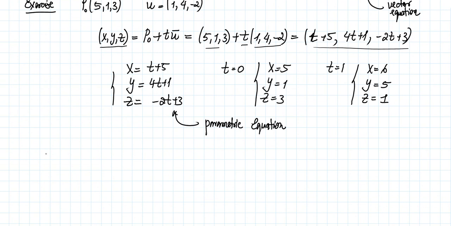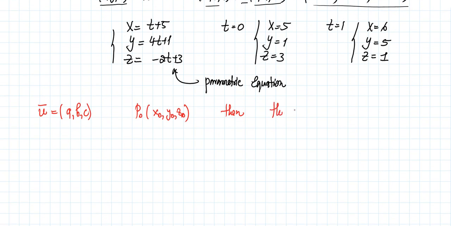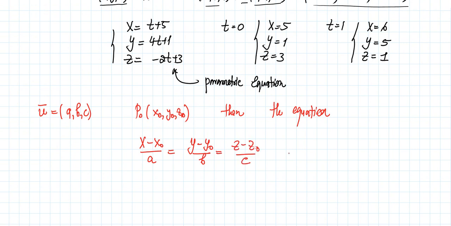If we're given a u vector, which is parallel to the line, and some point P0 with the coordinates x0, y0, and z0, then the equation x minus x0 divided by a is equal to y minus y0 divided by b is equal to z minus z0 divided by c is called the symmetric equation of a line.